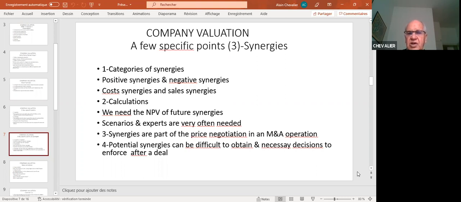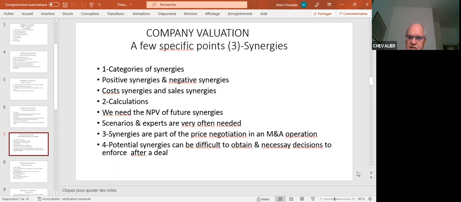In terms of calculations, point 2, what do we need? We need the net present value of future synergies. It means we calculate, in terms of cash flow, the future cash flow impact year after year of these synergies.